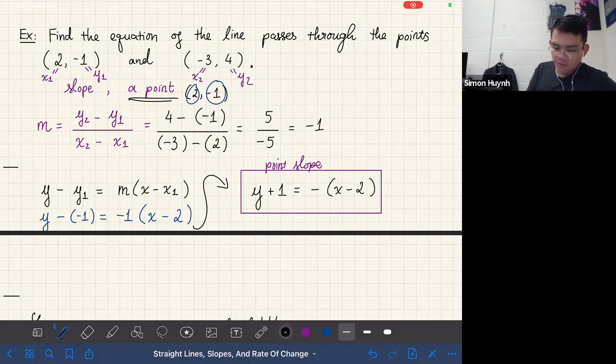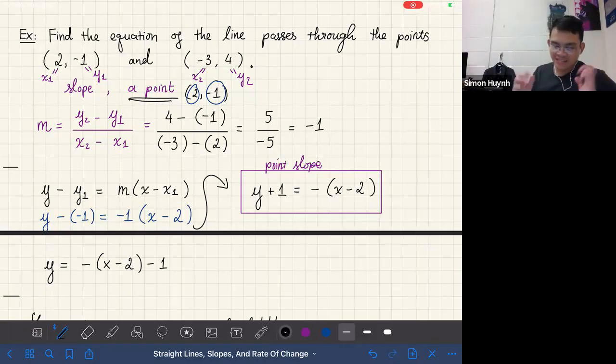Let's do a little bit more work to get it into the slope intercept form. In this case, I want to subtract 1 on both sides of the equation. So we get y is equal to negative (x minus 2) minus 1.